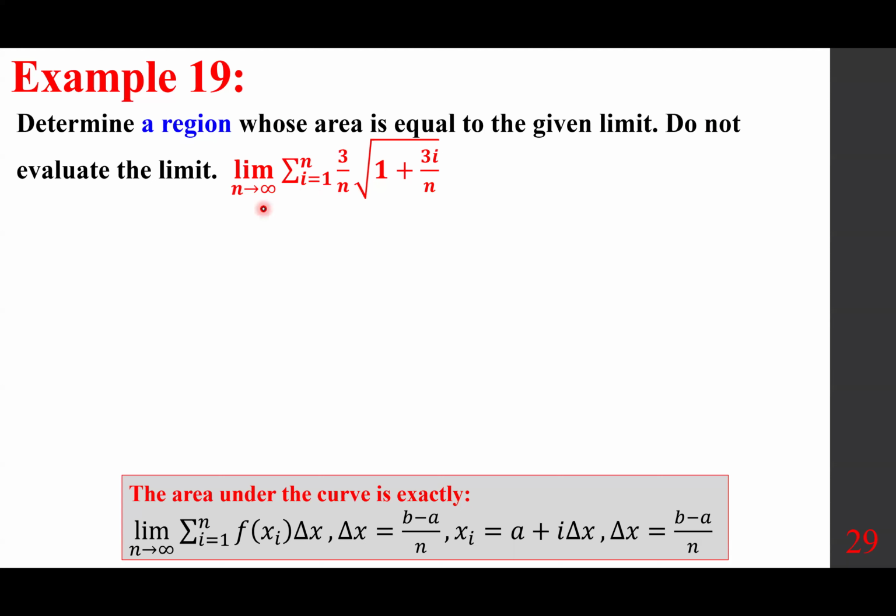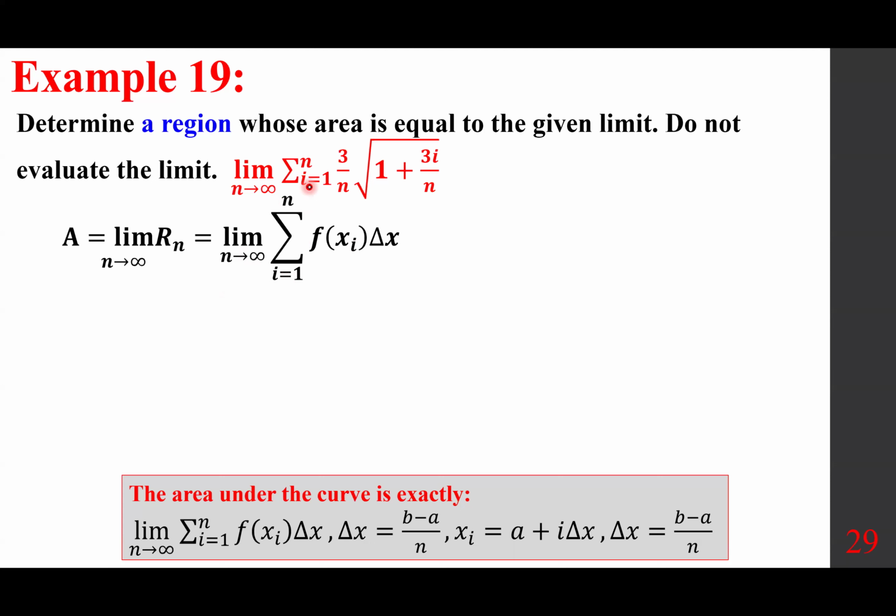So we just write the expression. A is the limit of this expression, or R sub n. R sub n, the right endpoints. n is the number of subintervals. The limit as n goes to infinity of summation of f of x sub i delta x as i goes from 1 to n.